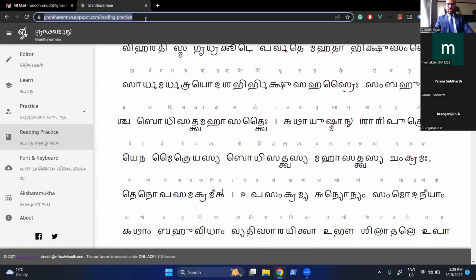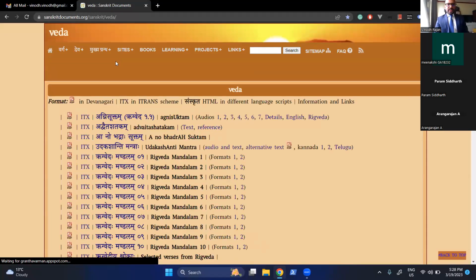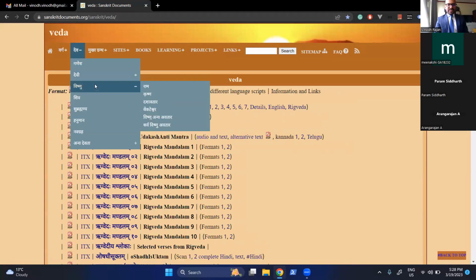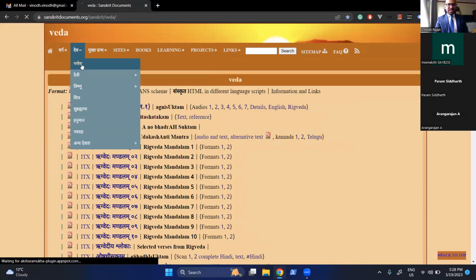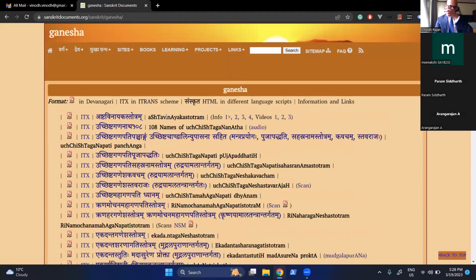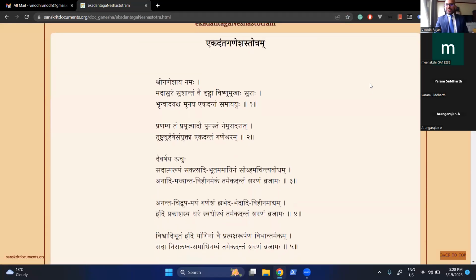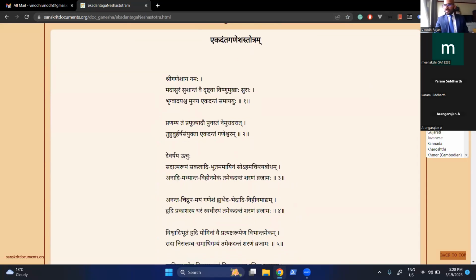One thing you can also do is go to Sanskrit documents. Take any text that you already know by heart, let's say Vishnu or Ganesha, any stotra, and change it to Grantha from the option above.